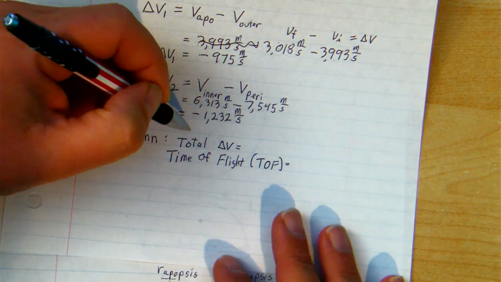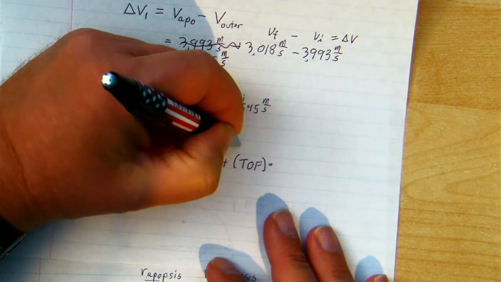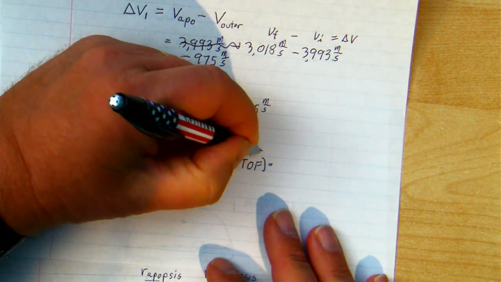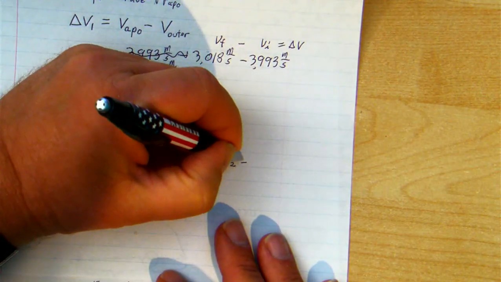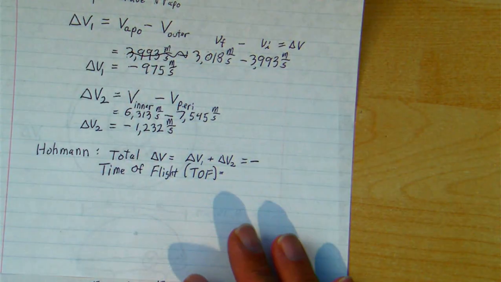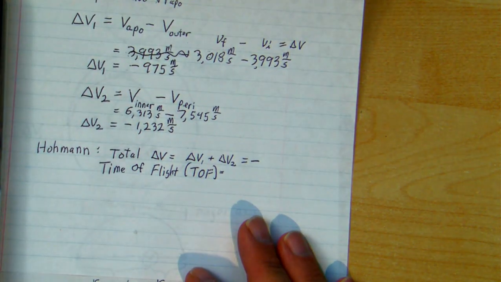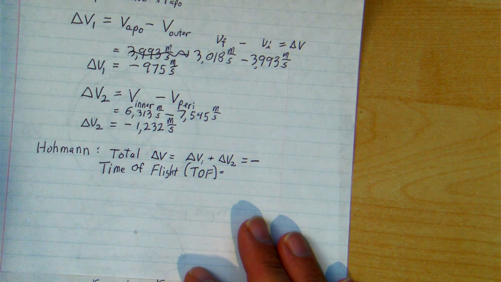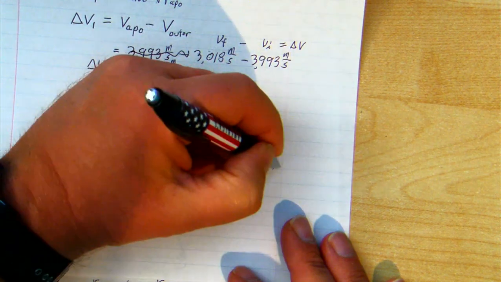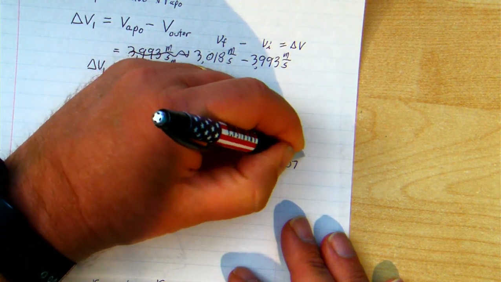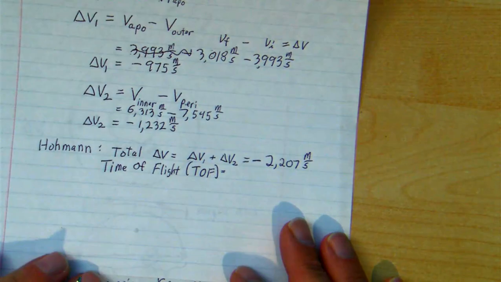Well, the total change in velocity is the sum of the two individual changes in velocity. So in this example, if I take negative 1232 and subtract from that 975, my total change in velocity is negative 2,207 meters per second.